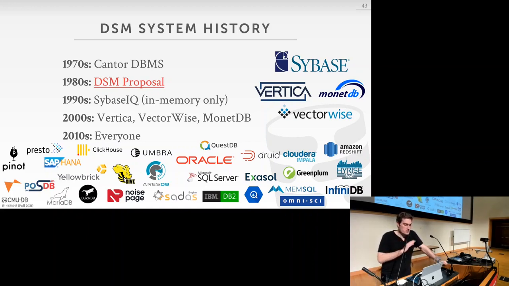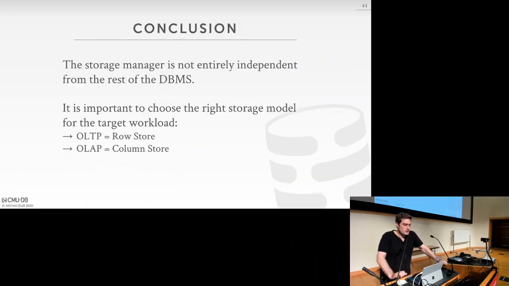If you have a row-based, n-ary storage model for analytics, you'll get crushed. Everyone, including big commercial systems like Oracle, implements this columnar storage model for analytics type queries.